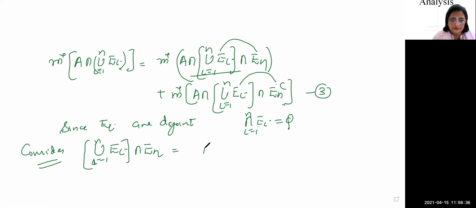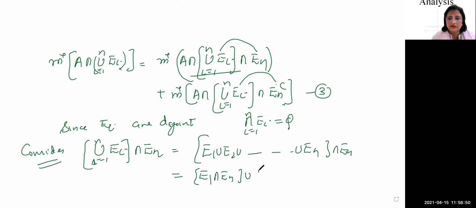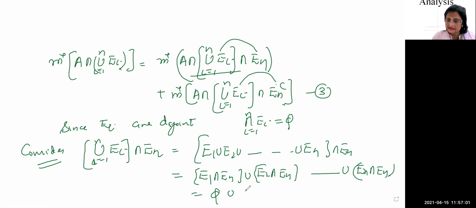So this is equal to E1 union E2 union so on up to union En, intersection En. It means E1 intersection En, E2 intersection En, so on up to En intersection En. We said all sets are disjoint, so only En intersected with En remains, and the union is equal to En.